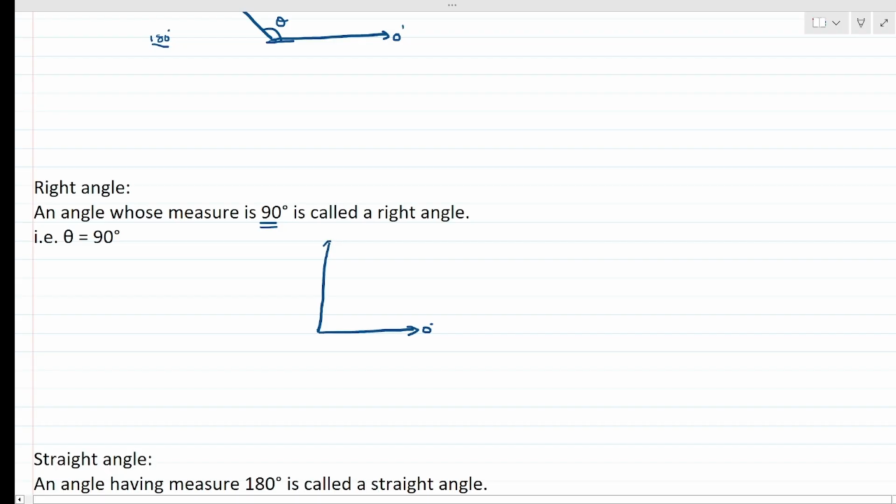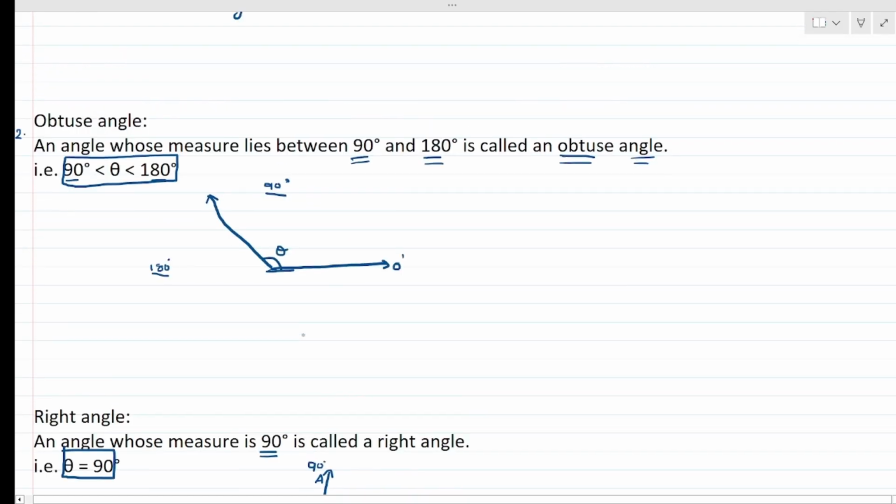This side is our 90 degree. Okay, suppose this is our angle AOB. So this will be our 90 degree. That means it is perpendicular to our base. Always remember that whenever it is a right angle, our theta will be equal to 90 degree. 90 degree angles are called right angles.